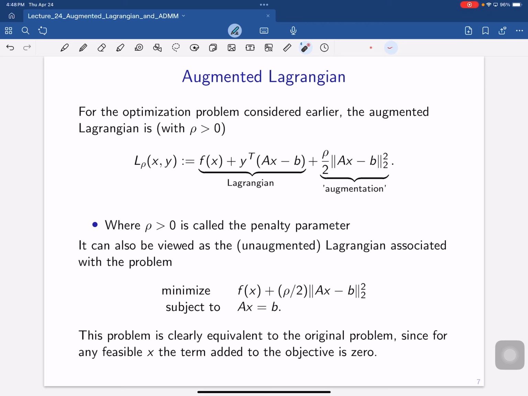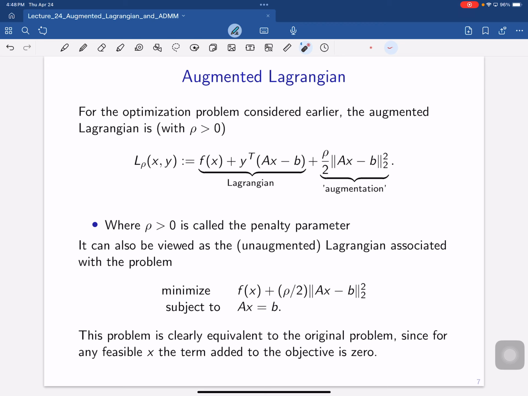So if Ax less than or equal to b is not zero here, you may not always have a positive penalty, right? Depending on what the optimal dual is. Here, if you square Ax minus b, and rho is a constant greater than 0, as long as Ax minus b is non-zero, you have a positive penalty, right?